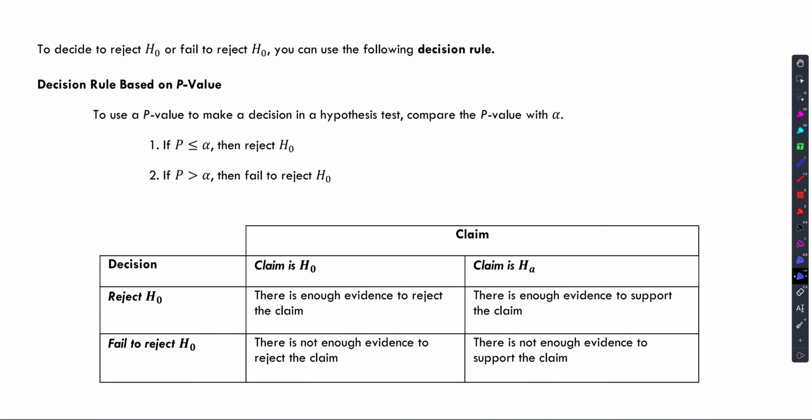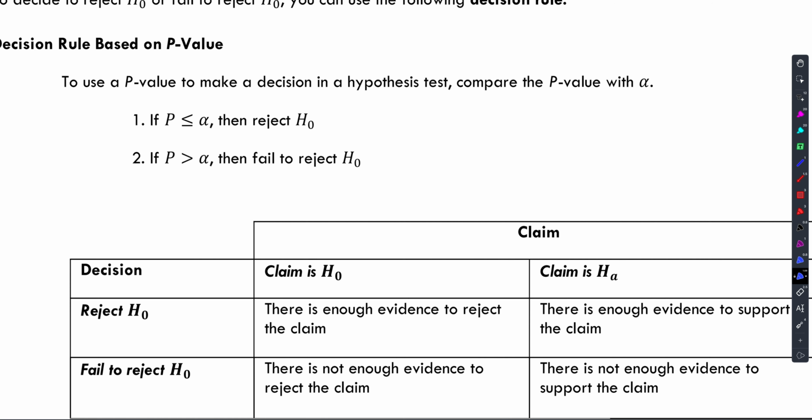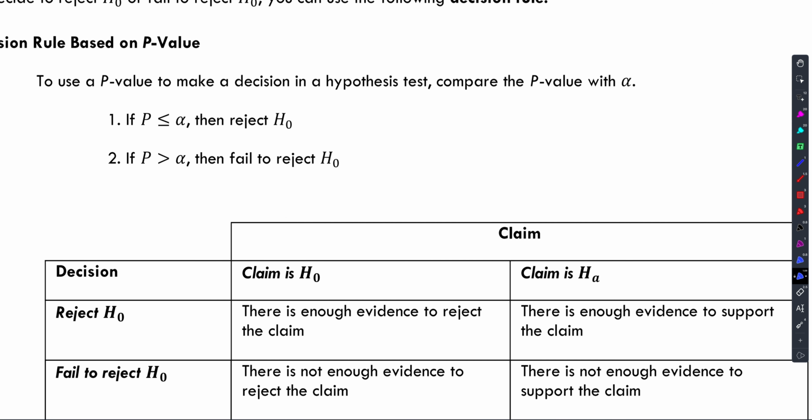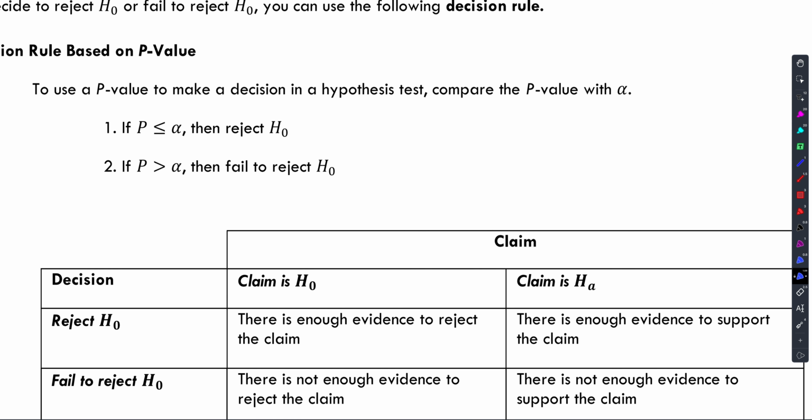To use a p-value to make a decision in a hypothesis test, you compare the p-value with alpha, our level of significance. This value will be given to you. In the prompt for the hypothesis test, it'll say something like, perform a hypothesis test for a level of significance of this much.